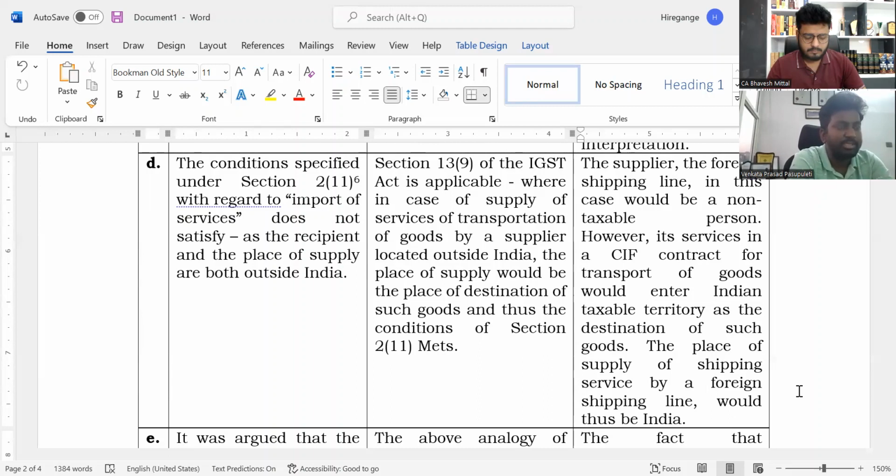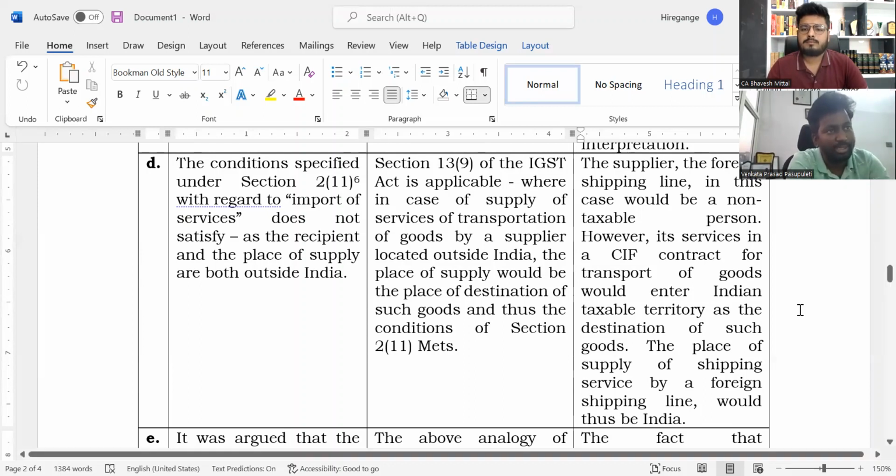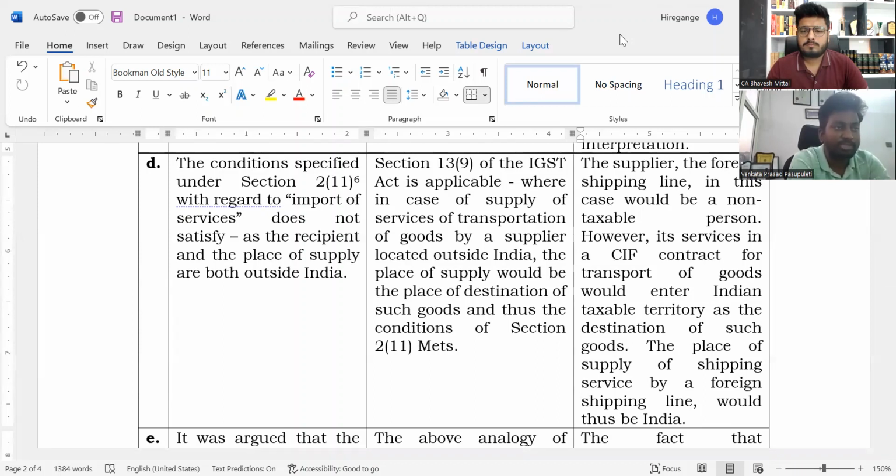So in this case, as discussed above in the first argument, one of the department's arguments, which was accepted by the Supreme Court also, is that the Indian importer will become a recipient. Once he becomes a recipient, there is identification of the recipient in India. Once he is a recipient in India, the import of service definition is sufficiently covered. This transaction is sufficiently covered in the import of service definition.